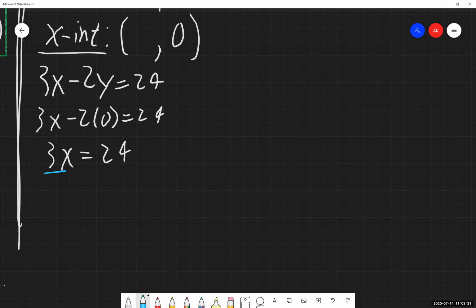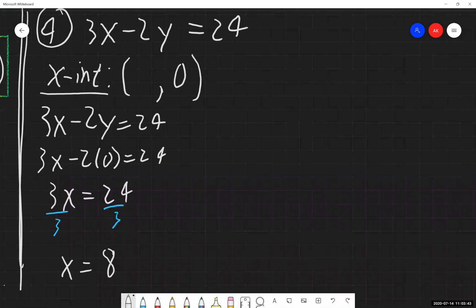Divide both sides by 3. I'm getting x is equal to 8. So great, I've got that. And again, I have to plug that in to an ordered pair. Now I've got my final answer for my x-intercept, at least.